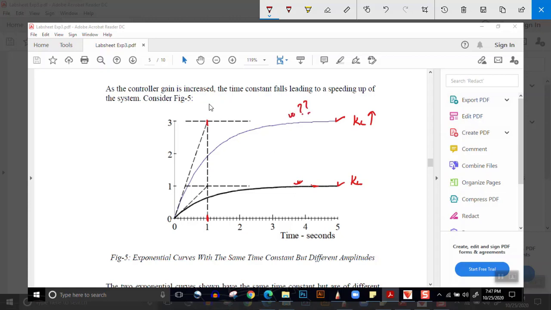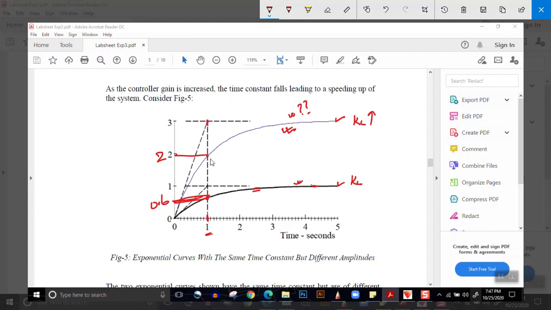We can do that because the time constant might be the same, no problem with that. But suppose time constant is 1 second. In 1 second, the value of the output on this curve seems like it would be 0.6 or something like that. But in 1 second, the value of the output in the blue curve here is 2. So this curve with a higher value of Kc can reach a value of 2 in the same time that this curve with a lower value of Kc reaches 0.6.